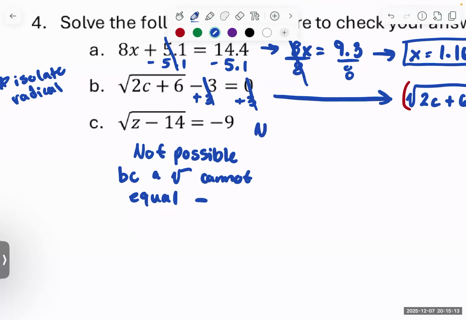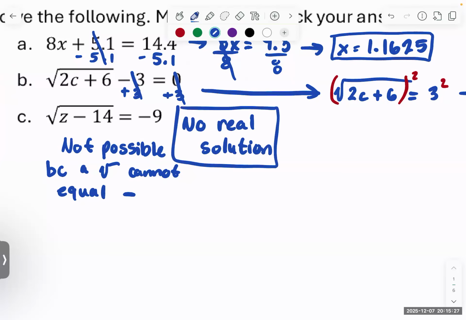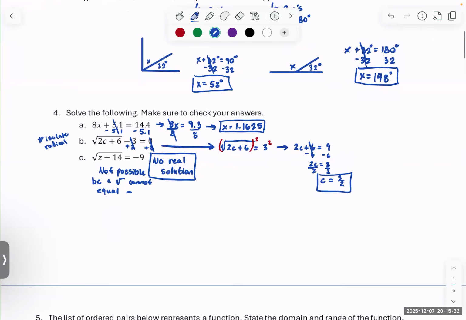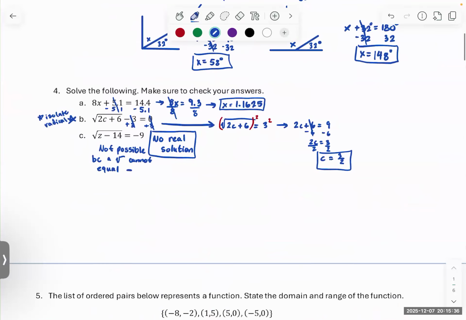So we would say this is not real. No, you would say, sorry, no real solutions. No real solution. There is a solution, but we don't learn it in this class. It's something to do with imaginary numbers. Okay, that's the first page.